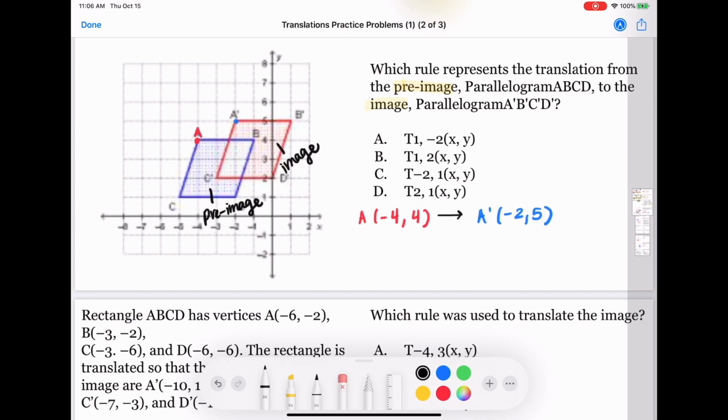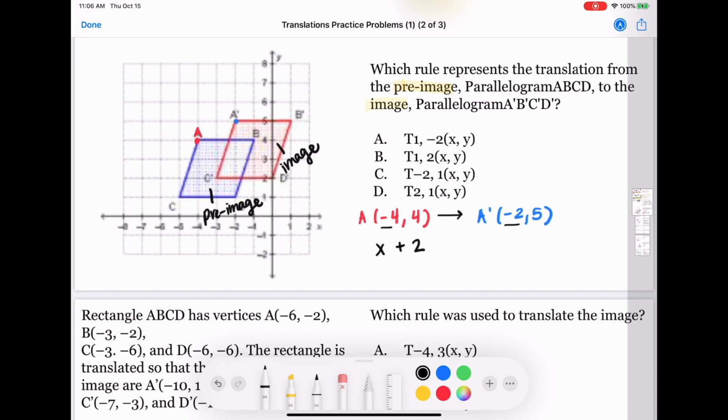Wonderful. So we have determined that the vertex A of the pre-image is mapped to A' in the image. Now the next thing that we should do is determine what we have added or subtracted to the x to get from -4 to -2. Well, in order to get from -4 to -2, we might add a +2 to the original coordinate of x.